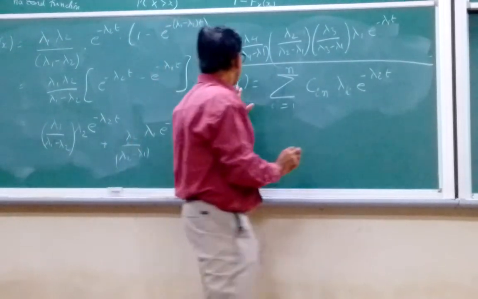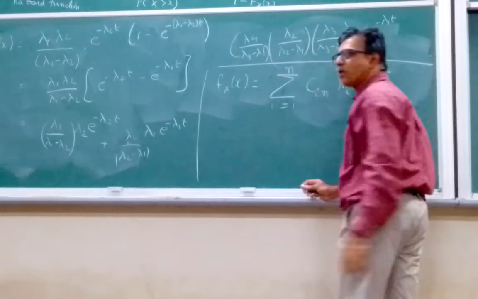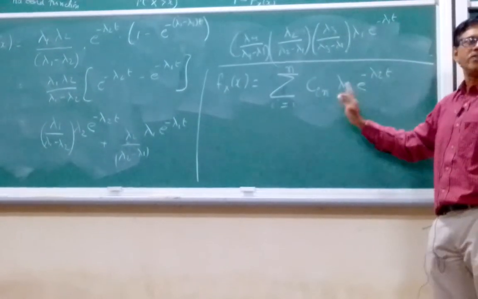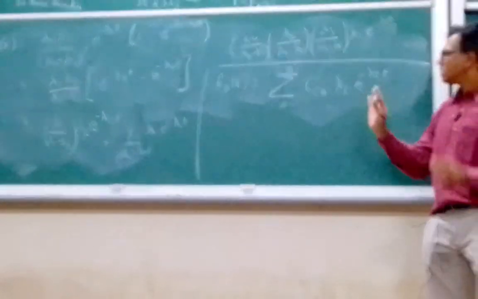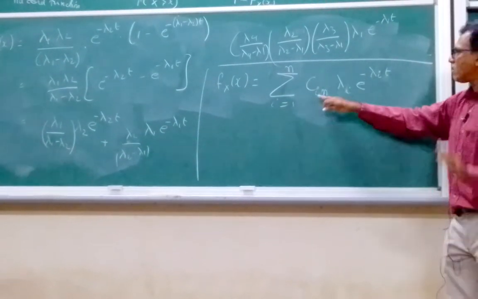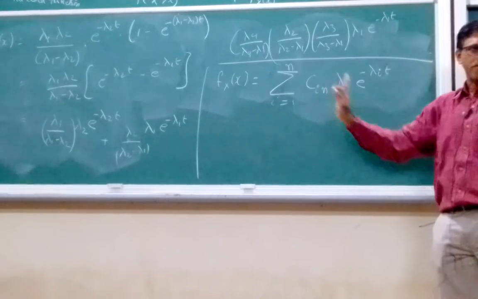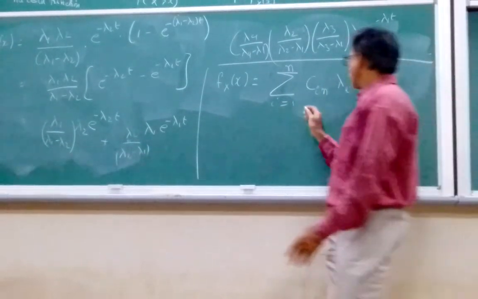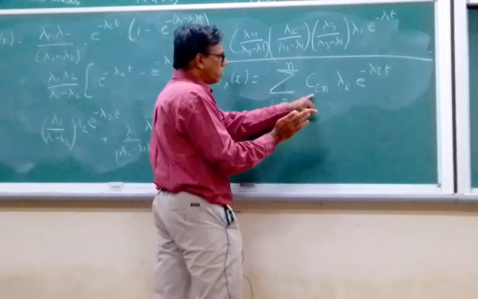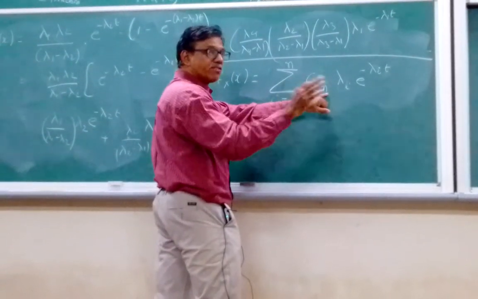So, the density function of the hypo-exponential random variable is the weighted sum of the density functions of the individual random variables. This is the density function of the individual random variables, and some weightage is added. What is the weightage? For the ith one there will be one weightage, and n is there because there are n such random variables you are adding.